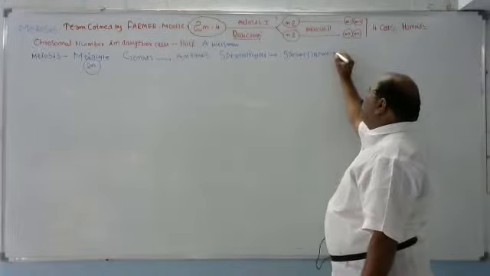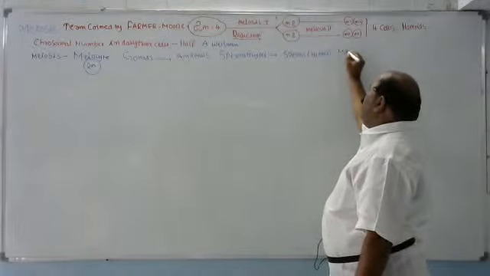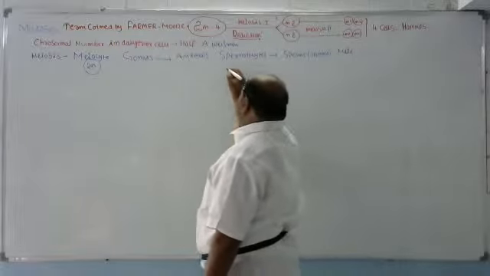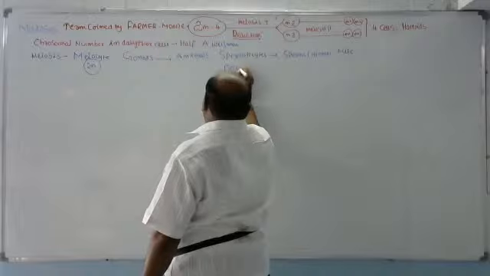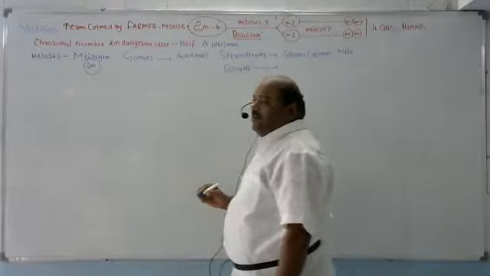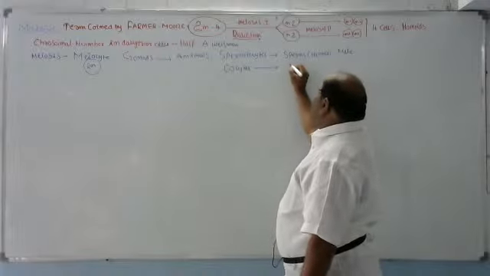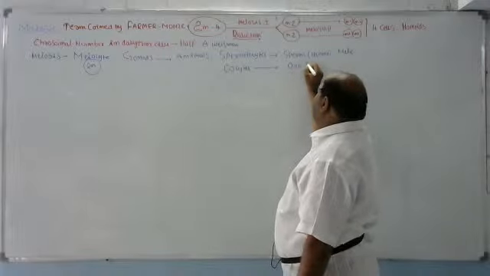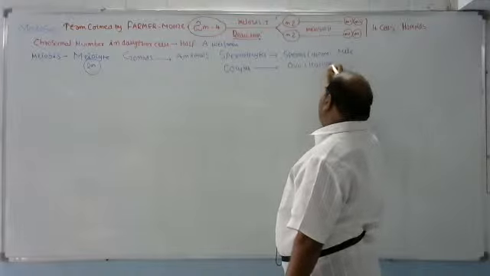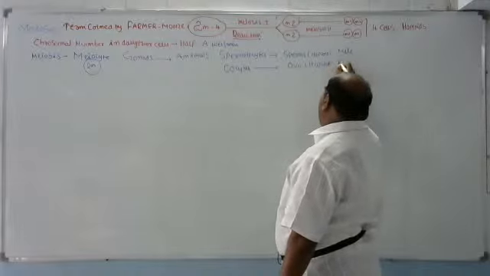That is a concern for whose story? Male. Whereas oocytes further undergo meiotic division and form haploid cells, ova. It is a concern for a female.